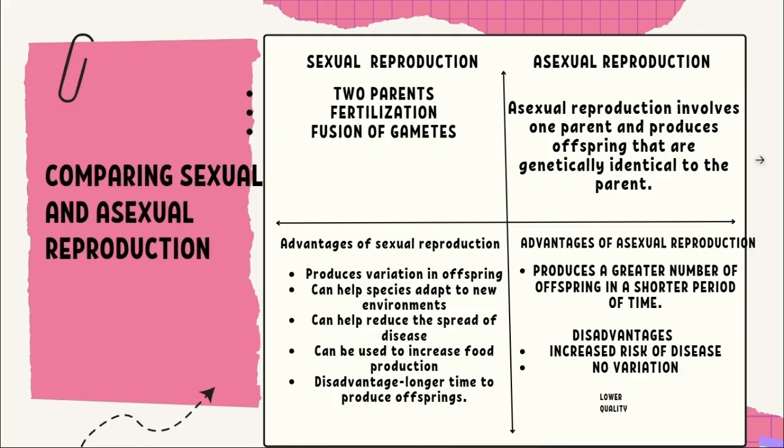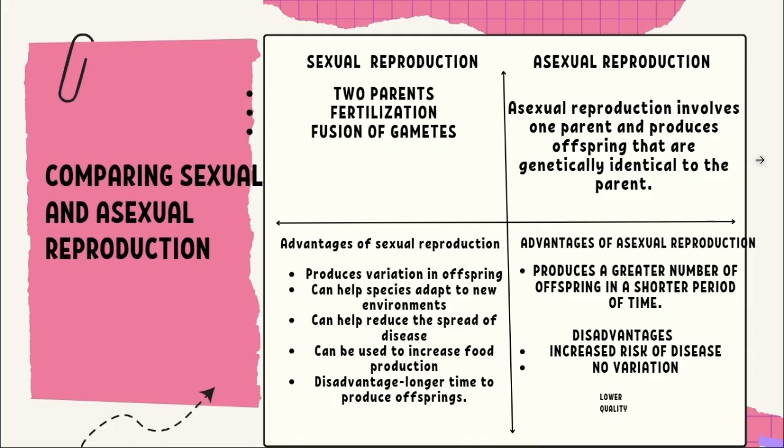And one of the biggest things when you're comparing asexual and sexual reproduction is that asexual reproduction has one parent involved, right? And what's so unique about asexual reproduction is that the offspring are literally identical to the parent.